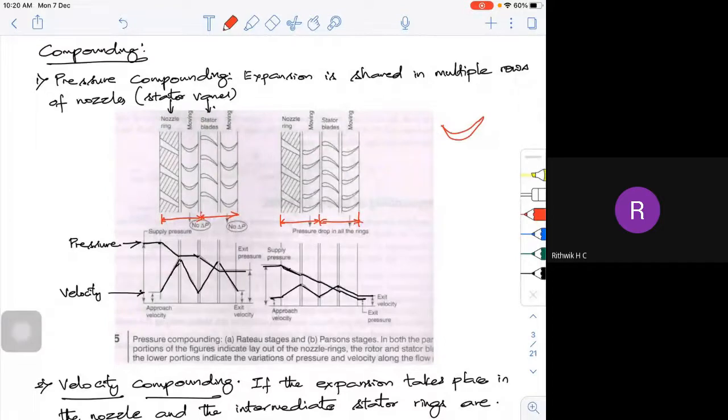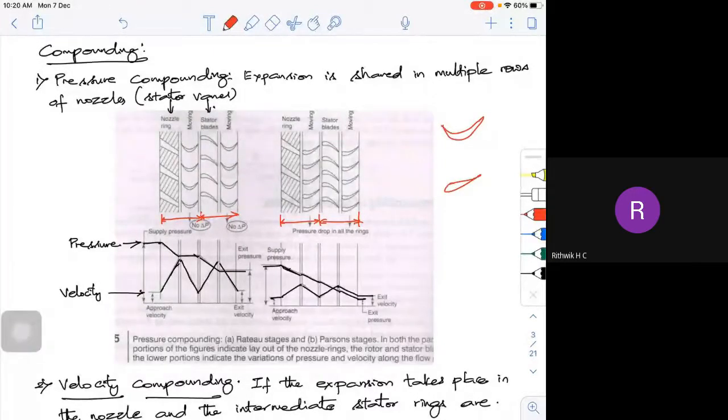If it is only pure reaction, I go with aerofoil type of blades. That is the major thing. How can I identify an impulse machine or a reaction machine? I can identify it based on the type of blade profile I'm going to use.